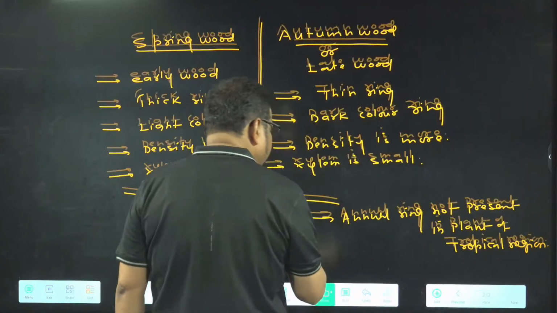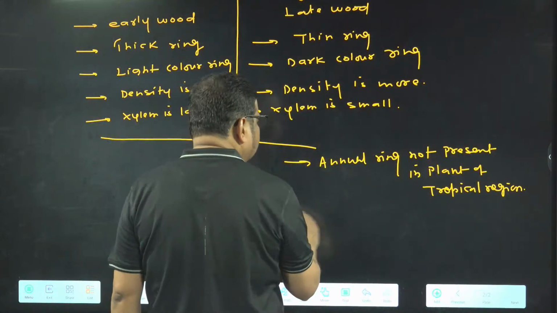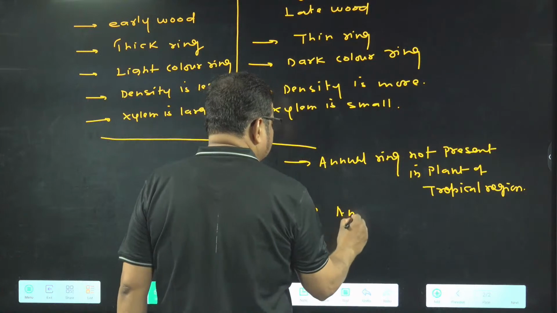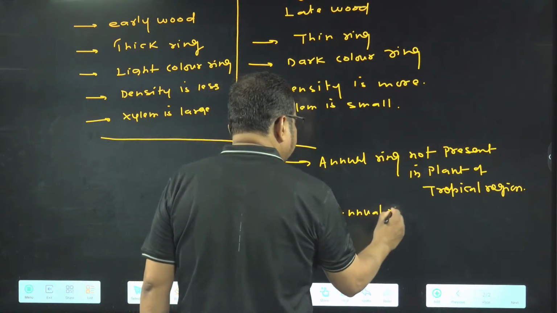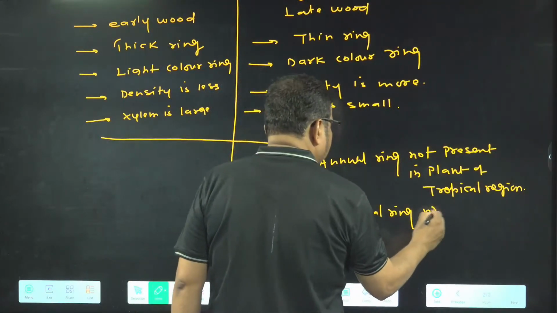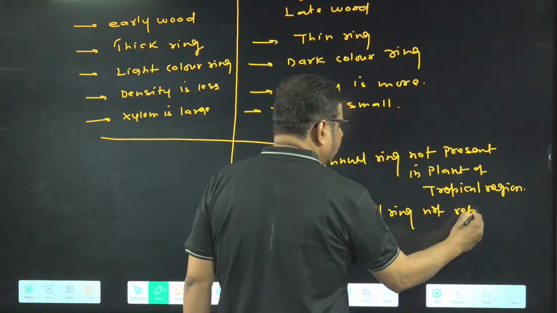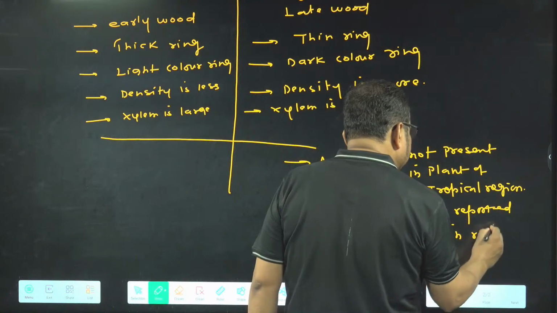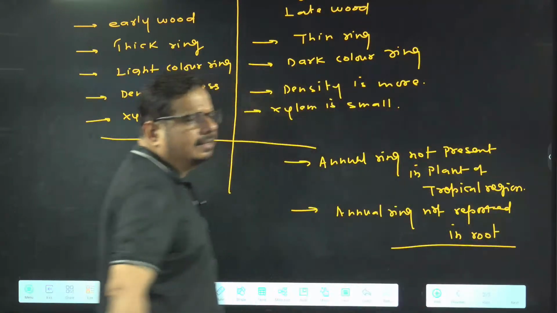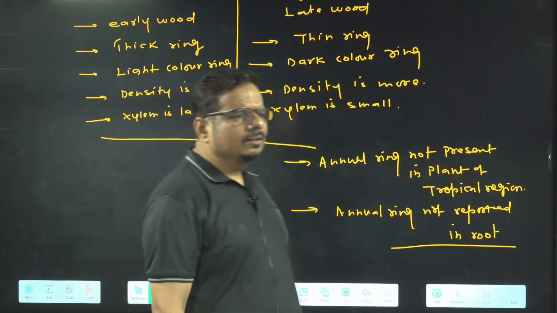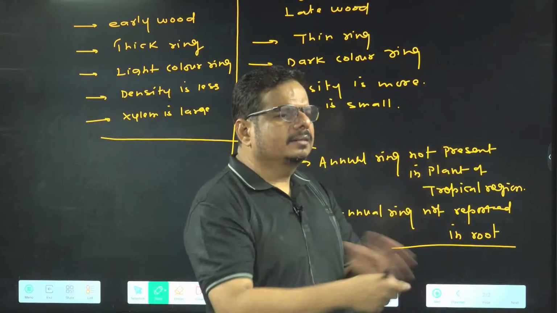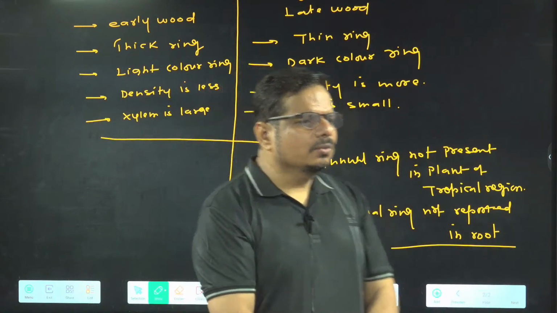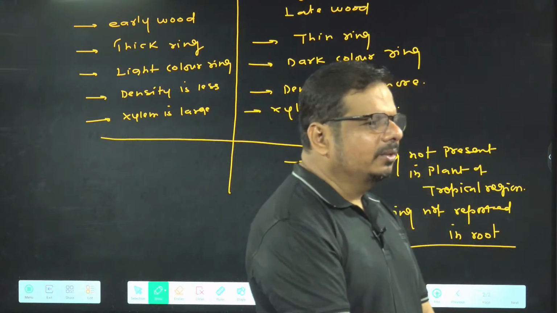Another thing which you keep in your mind about the annual ring is that annual ring is not reported in root. Is it clear? Why not present in root? Because root is present under the soil. And under the soil, seasonal variations do not occur.